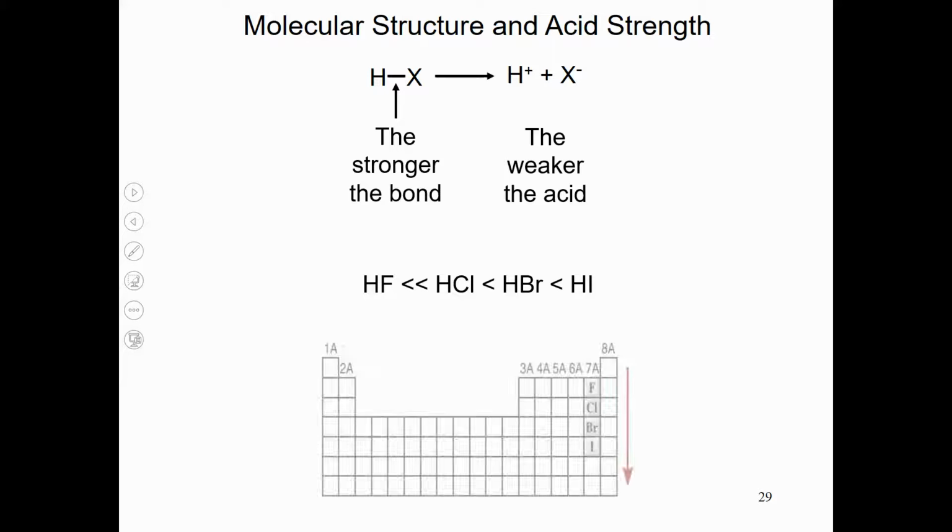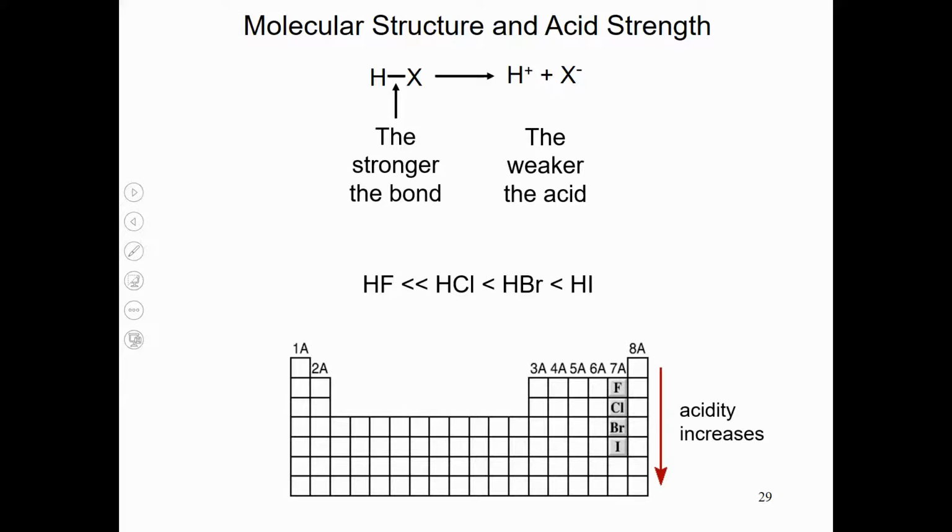Okay? As you go down that column, the acidity increases. So, even though HCl and HI are both strong acids, we do consider HI to be a stronger acid because the hydrogen has a harder time holding on to iodine than it does chlorine.